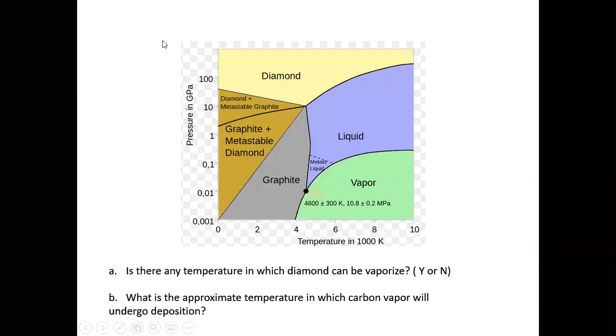Here's another one. We have a phase diagram of carbon, and we have a few questions we're going to answer. So again, at certain pressure and temperature, you have diamond, liquid carbon, carbon vapor, graphite and metastable diamond, and then diamond and metastable graphite, and then you have graphite here.